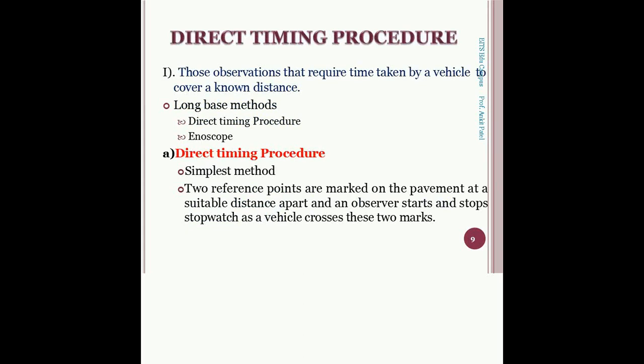Direct timing procedures are those observations that require the time taken by a vehicle to cover a known distance. The long base method is the direct timing procedure, along with the enoscope. In the simplest direct timing method, two reference points are marked on the pavement at a suitable distance apart and an observer starts and stops a stopwatch as a vehicle crosses these two marks.